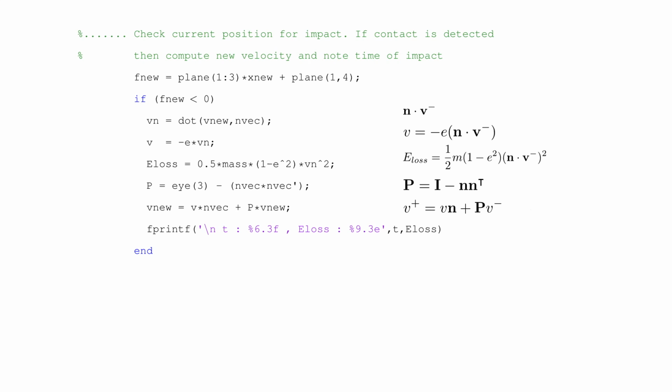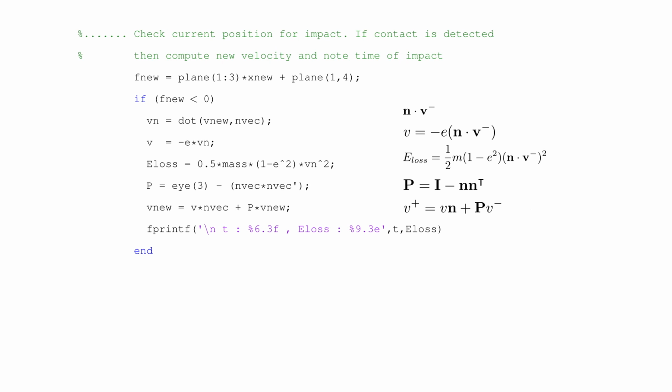And then we also calculate our energy loss here, which is defined in the CP notes that you can read. And then we define the projection matrix, and that's related to the n vector. Then you bring that all together, and you have the velocity after impact is equal to that italicized v in the n direction plus the projection times the velocity before impact.